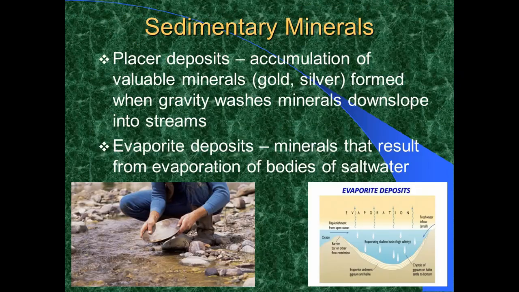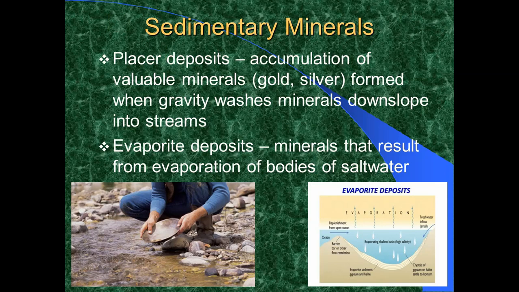Here are our sedimentary minerals. And once again, they can be formed from either physical processes, that would be placer minerals, or chemical processes, that would be evaporite minerals. Now let's take a look at the difference.